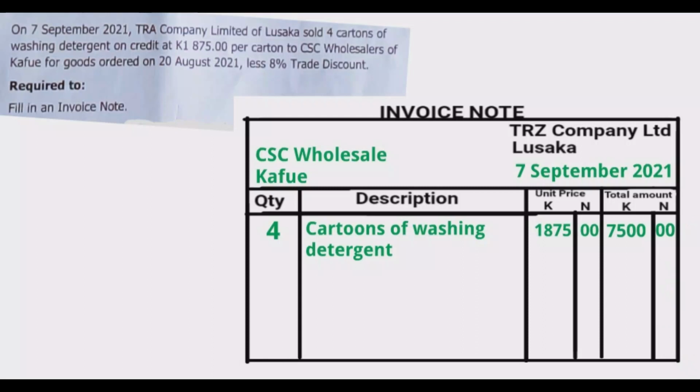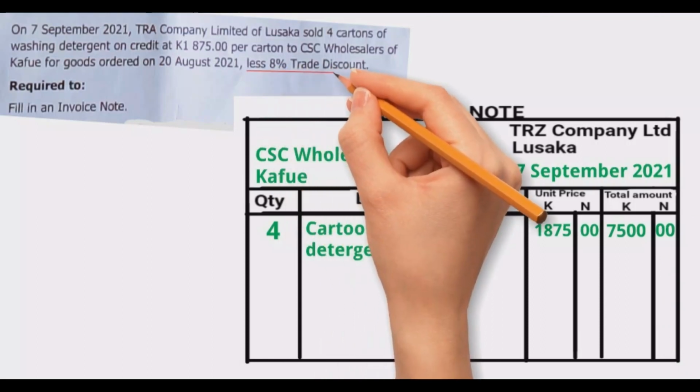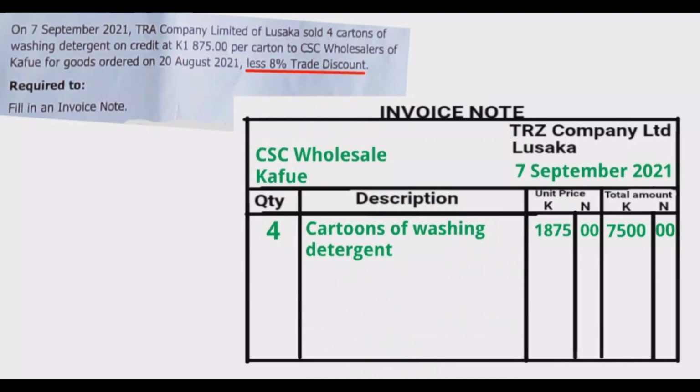Okay, once we've done this, then the next thing, we should also be aware that there is also trade discount of 8% that was offered. So we subtract that percentage. This 7,500 is the total amount without discount. So we do less discount. The discount is 8%.